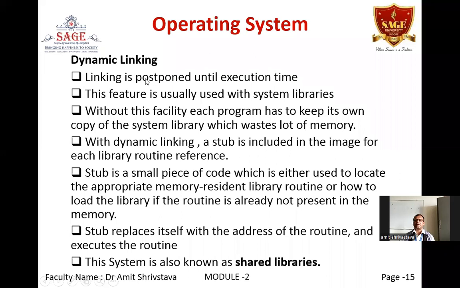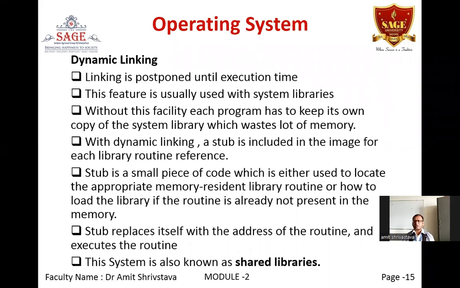Dynamic linking is the concept which we normally use for system libraries. Suppose I have a C++ program running, and we know that for any input output, I require the iostream.h header file. If 10 such C++ programs are running in the RAM, then all the programs will obviously be doing input output.